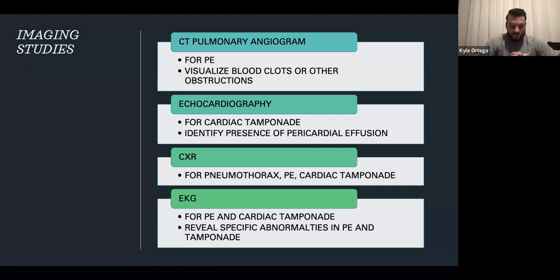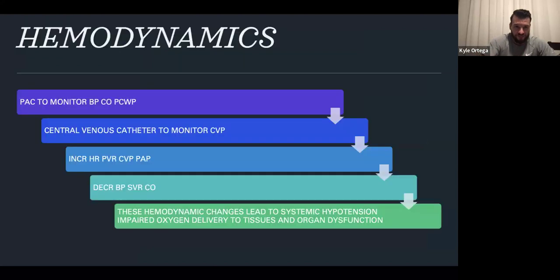For PE, it's going to be right heart strain, and for cardiac tamponade, you're going to see low voltage and electrical alternans on the EKG.